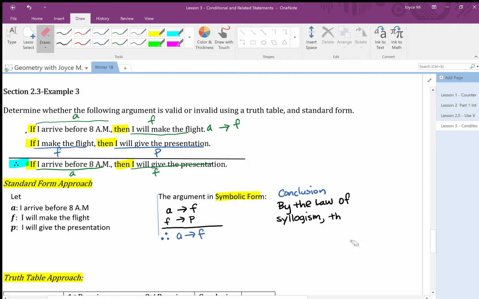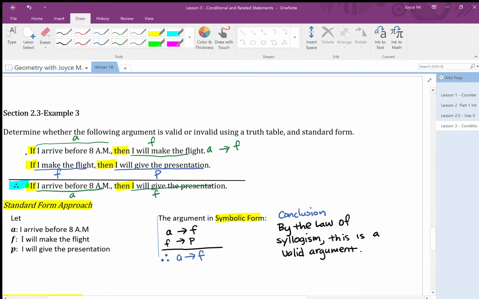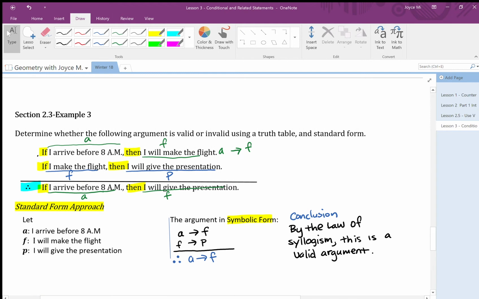Okay. So this is called the standard approach. We finished the first approach.